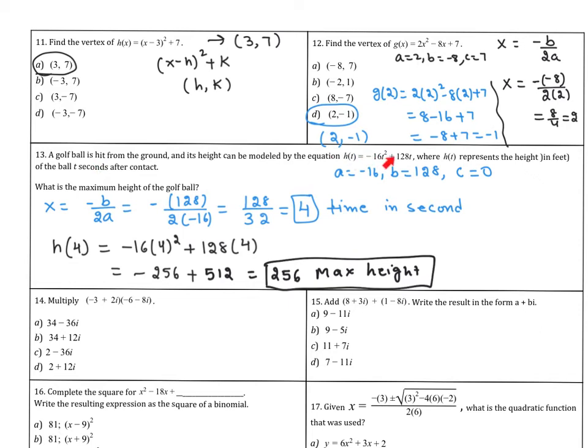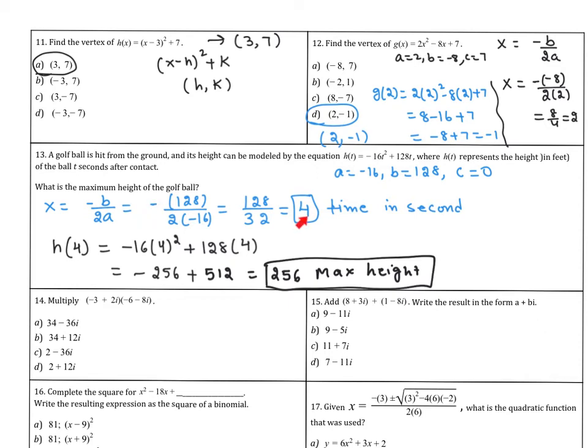For number 13, the path of the golf ball when it hits the ground is modeled by this equation, and we have to find the maximum height in feet of the ball in t seconds. We have to apply the formula x equals negative b over 2a by plugging in a as negative 16, b as 128, and we get negative 128 divided by negative 32, negative negative cancel.